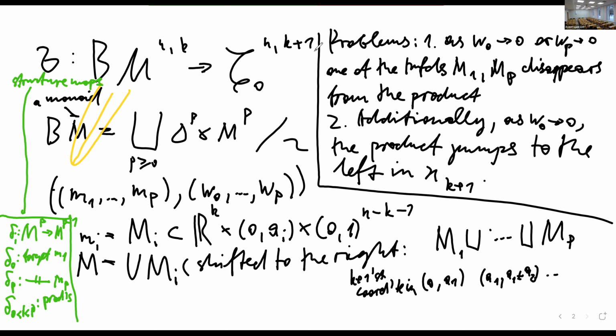Basically that's fine, but what do you do with the delta part? Sorry, say again. What do I do with what? With delta, so you have delta P across NP.